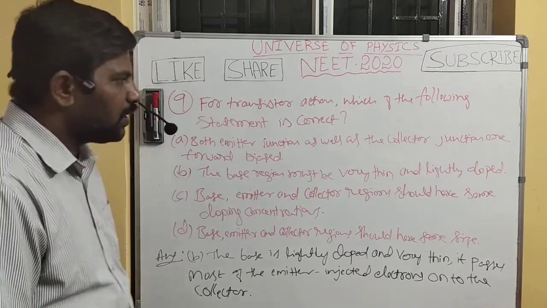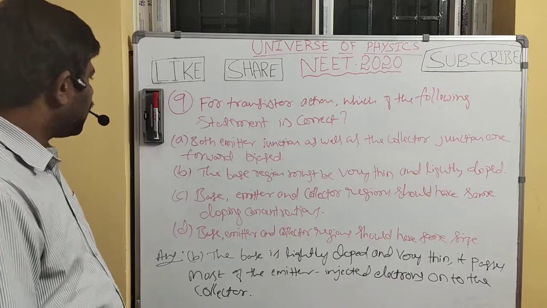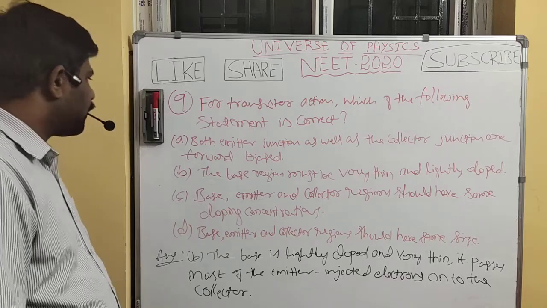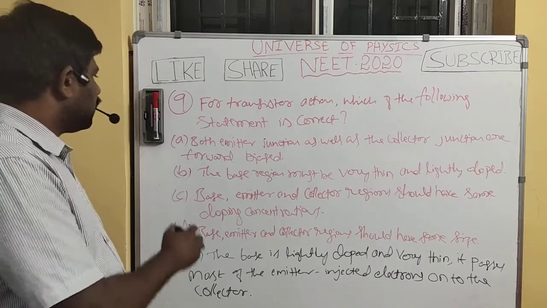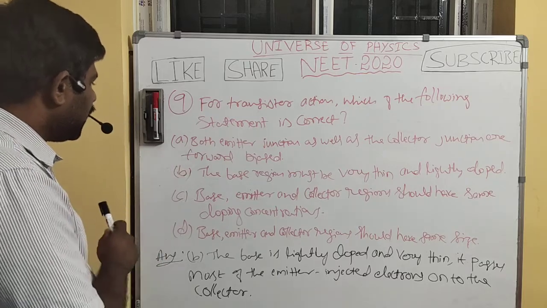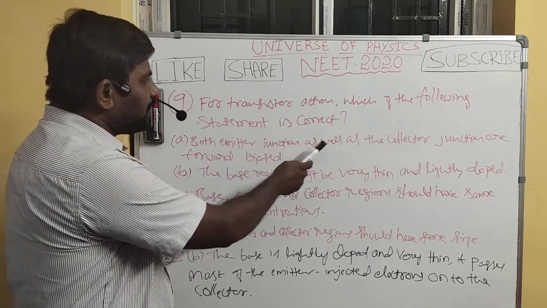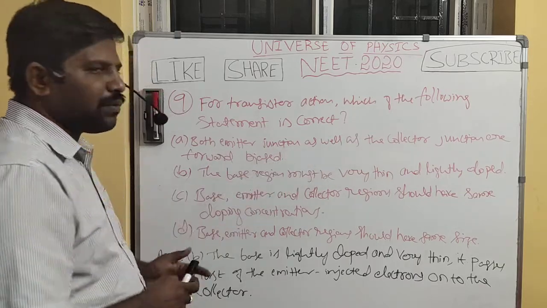To know the solution for this question, let us discuss by considering every option. Let us consider the first option, that is option A. Both emitter junction as well as the collector junction are forward biased.